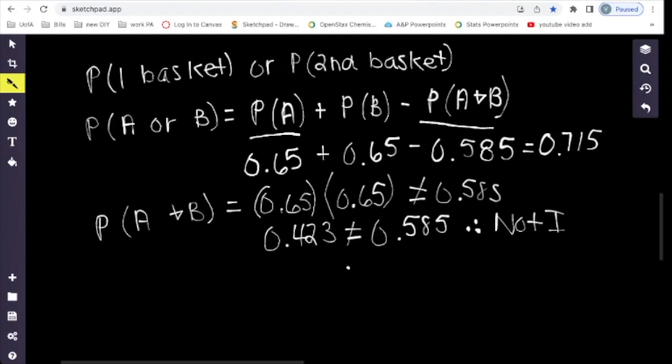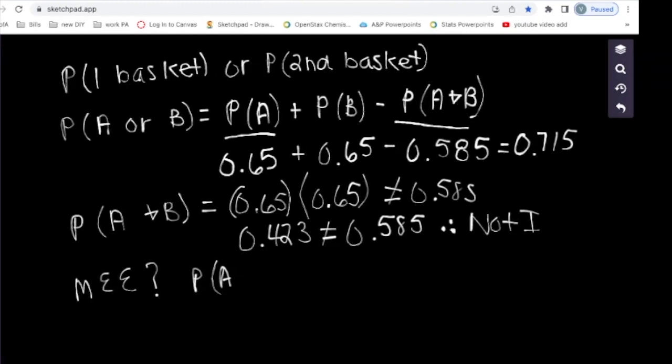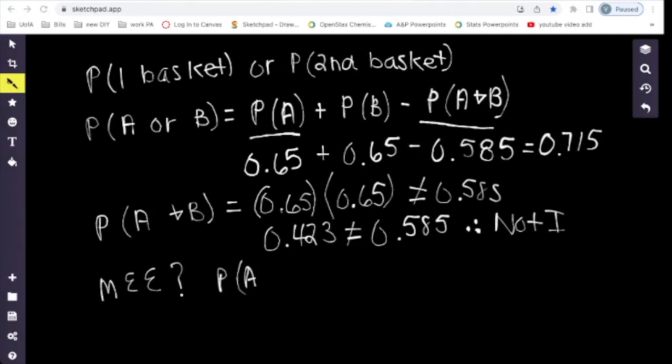Okay, now let's find out, are these events mutually exclusive? Well, if they were mutually exclusive events, the probability of A and B happening must equal 0.